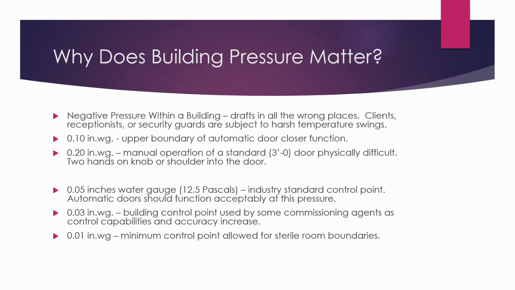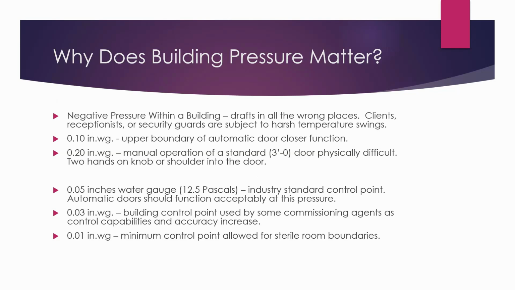So the 0.05 inch set point that is the industry standard is a good positive building static set point. Automatic doors should be able to function acceptably at this pressure.